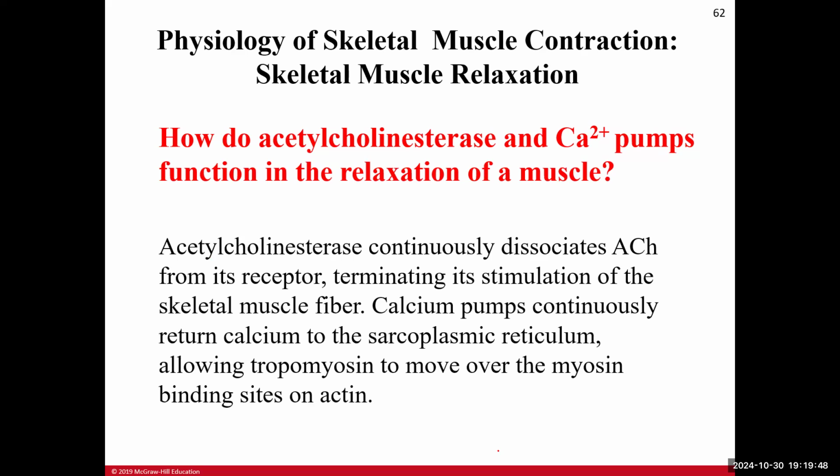And then the calcium ion pumps are going to pump calcium out of the sarcoplasm back into the sarcoplasmic reticulum terminal cisterna. So there's no calcium available. And so then the regulatory proteins block the myosin binding sites on actin. Pretty much everything I just talked about.